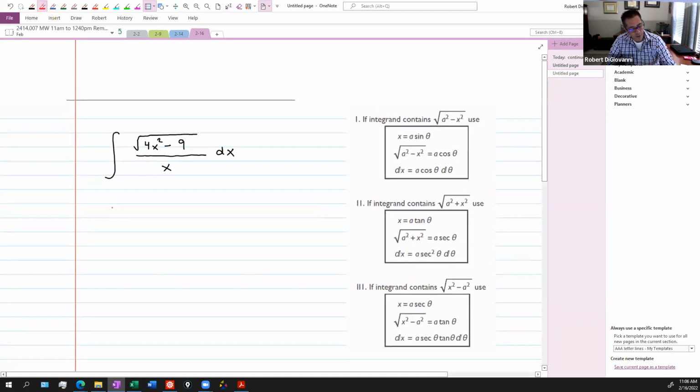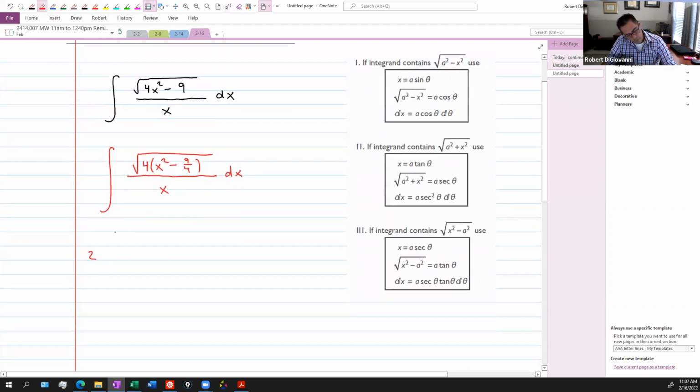I'm going to factor out a 4 from in front of the x squared, and that turns it into x squared minus 9/4, all over x dx. Then I can pull the 4 out of the root as a 2, just slap it out front. And now I have square root of x squared minus 9/4 all over x dx.